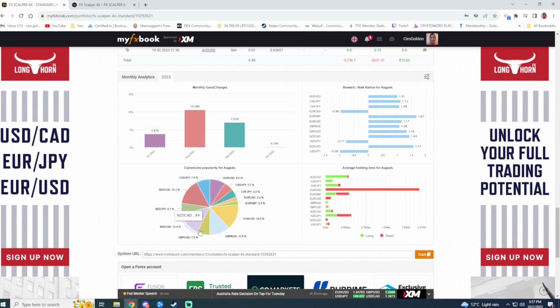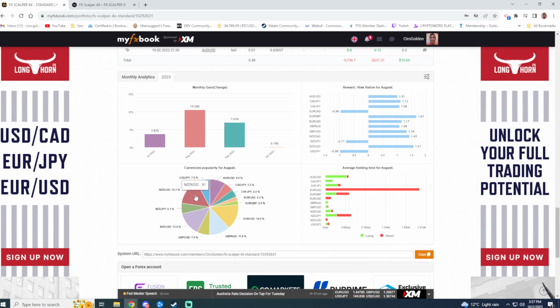You can see all the pairs that we used throughout the month, and you can see that NZD USD had the most active trades. I don't know if this is the amount of trades, I think it is.